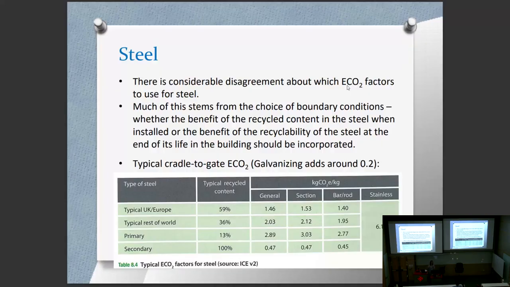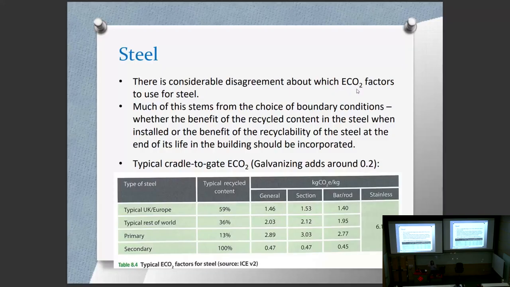Remember we have a unit called carbon dioxide equivalent, a unit for adding up the global warming effect due to carbon dioxide and other kinds of greenhouse gases by incorporating the global warming potential. So that unit is carbon dioxide equivalent. But here this E, CO2, means the embodied carbon. So this E stands for embodied.